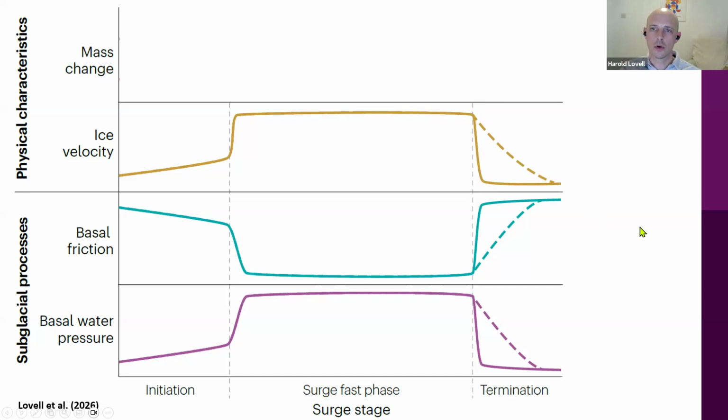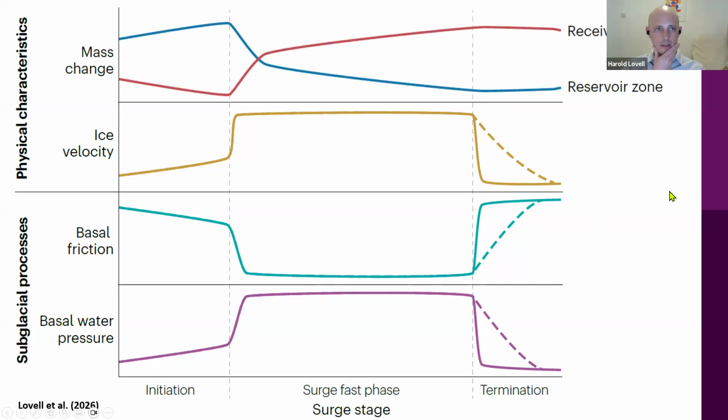Whereas others, we're obviously seeing more of a gradual flow reduction. I should say as well, this line is not meant to represent surge velocity staying at a really high level throughout the surge. There's obviously huge variation, usually some seasonal signatures in there as well. But it's just to show us that during this surge phase, we do have this enhanced velocity period.